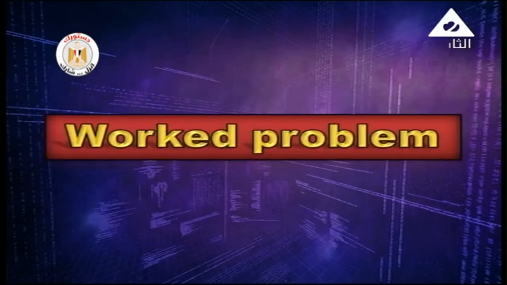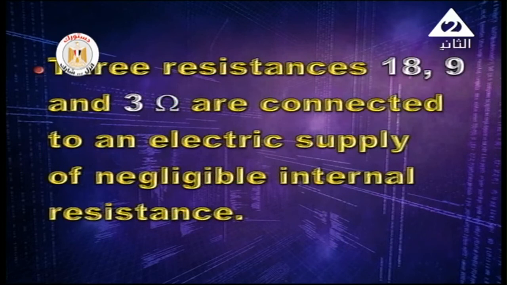Let's solve some problems. 3 resistances, 18, 9, and 3, are connected to an electric supply of negligible internal resistance. Let me say it again. We've got 3 resistors, 18, 9, and 3, connected to an electric supply.